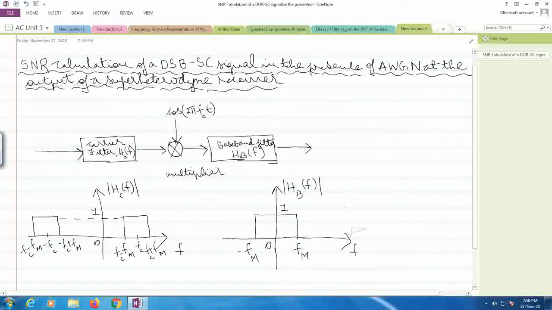So it should be obvious to you that the baseband filter is nothing but an ideal low pass filter.